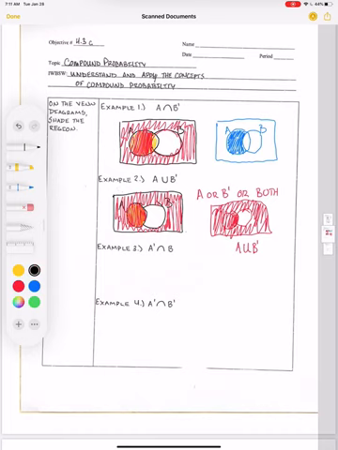Okay, example 3. Complement of A intersects with B. So this is kind of like example 1, except now we're looking at everything that is not A. So things that are not A would be obviously B, because B is not A. And it'd be everything outside.